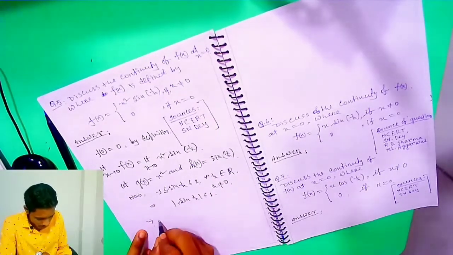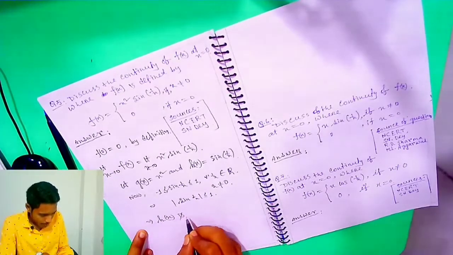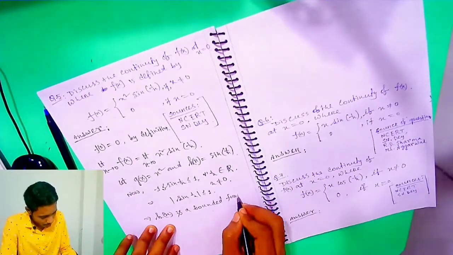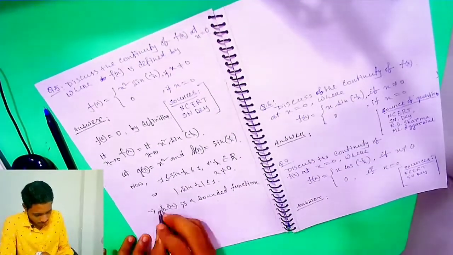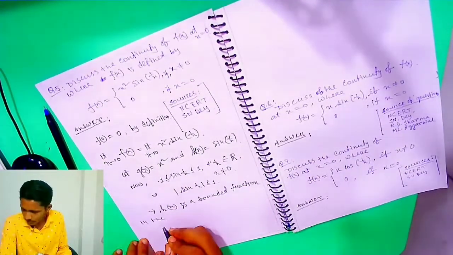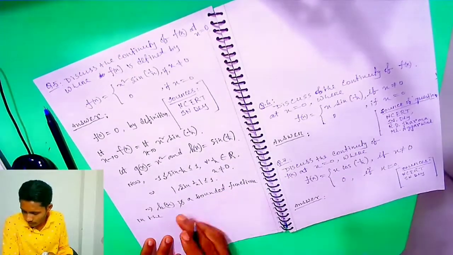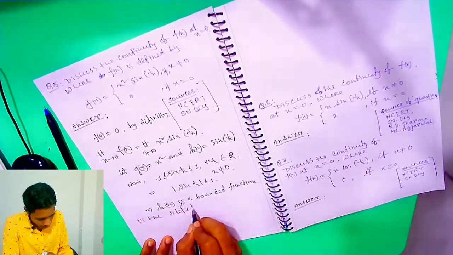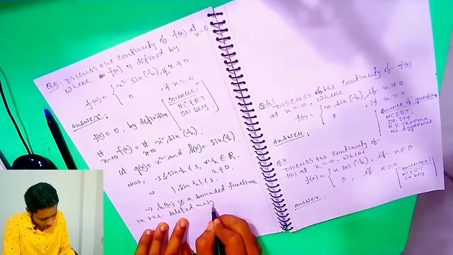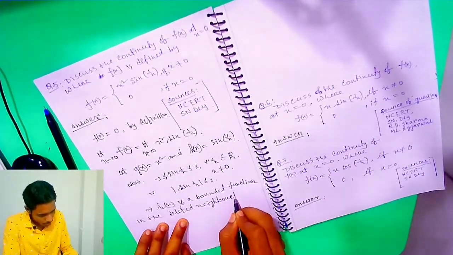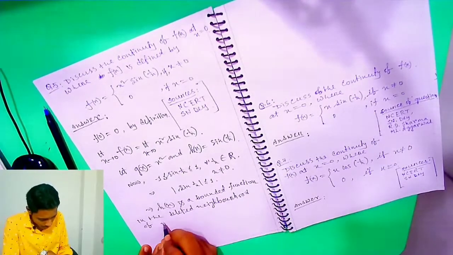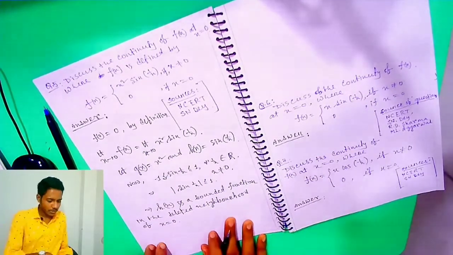This implies h(x) is a bounded function in the deleted neighborhood of x is equal to 0, right?